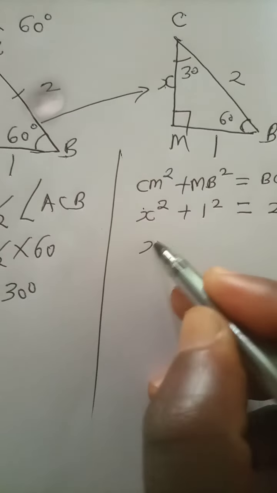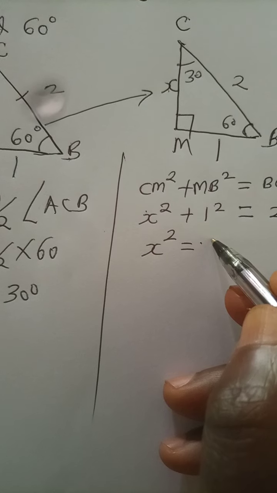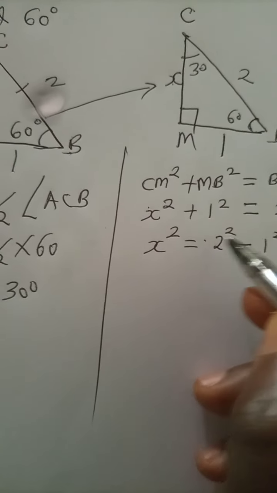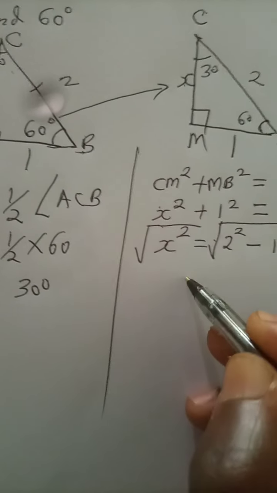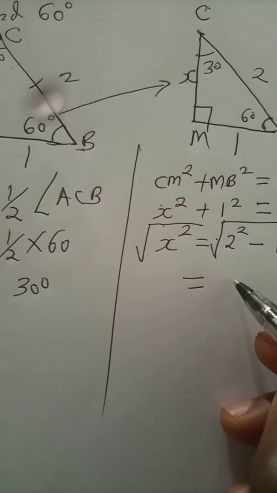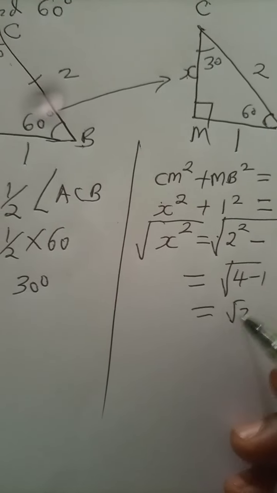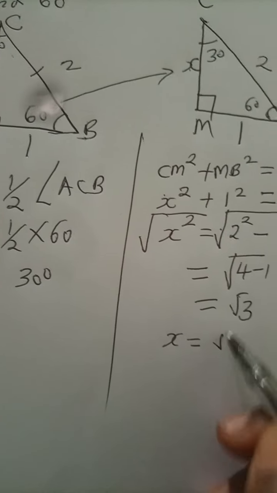Like terms together, it becomes X squared will equal 2 squared minus 1 squared. Then we find the square root of both sides. We get 4 minus 1, square root, which is root 3. So our X will equal root 3.